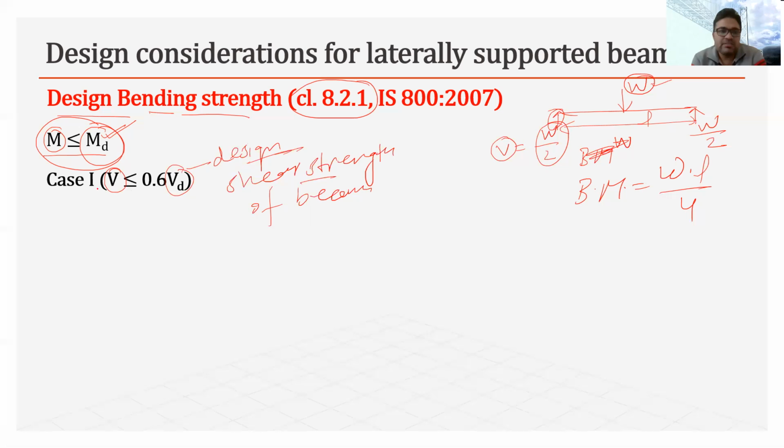So when the factored shear force is less than or equal to 0.6 times VD, how do we find out the MD value? In that case, the MD value will be different. If V is greater than 0.6 times VD, the MD value will be different. That is what the IS code has mentioned.